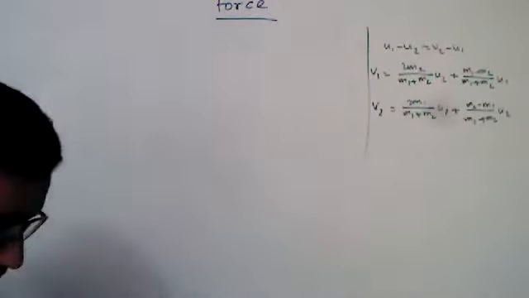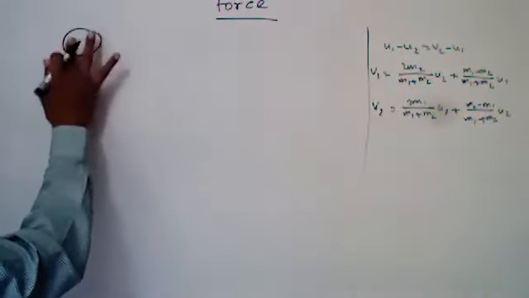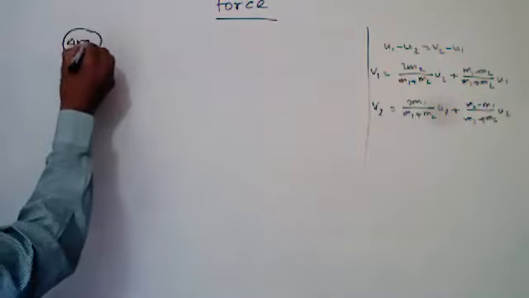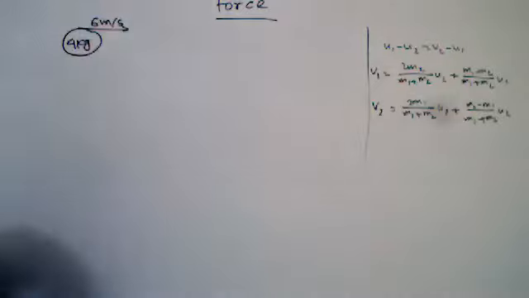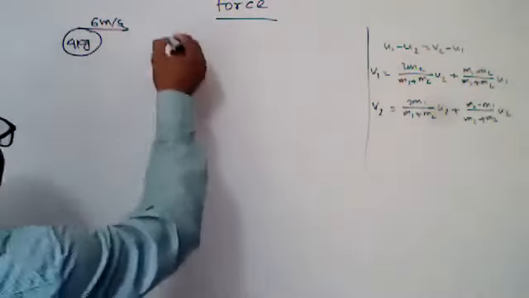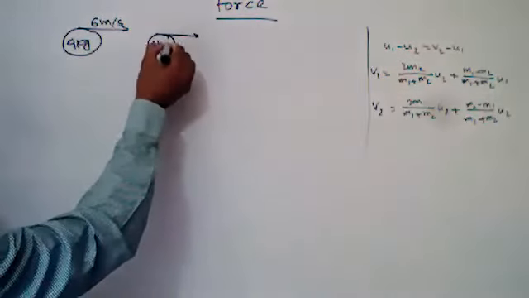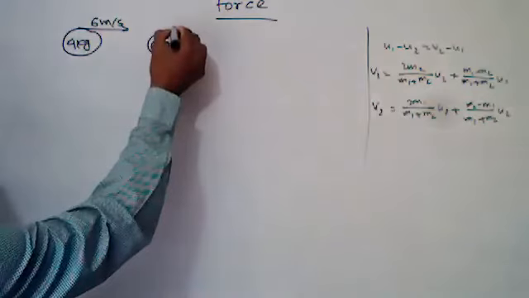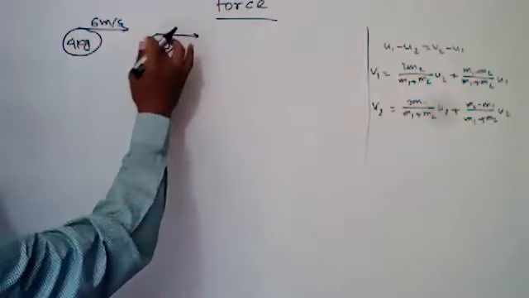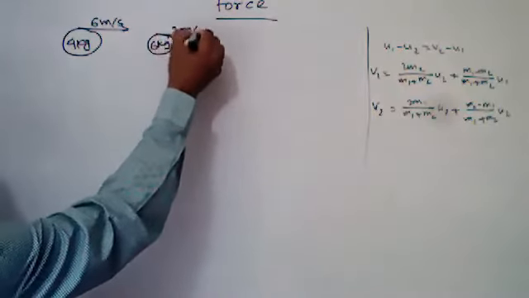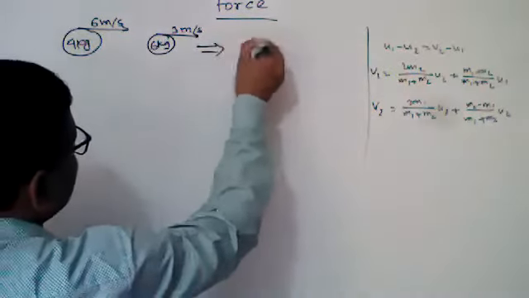Okay, now come on. Suppose there is an object with a mass of 4 kilogram and it moves with 6 meter per second. And there is another object with a mass of 6 kilogram and it moves with 3 meter per second. After collision, the mass is changed.